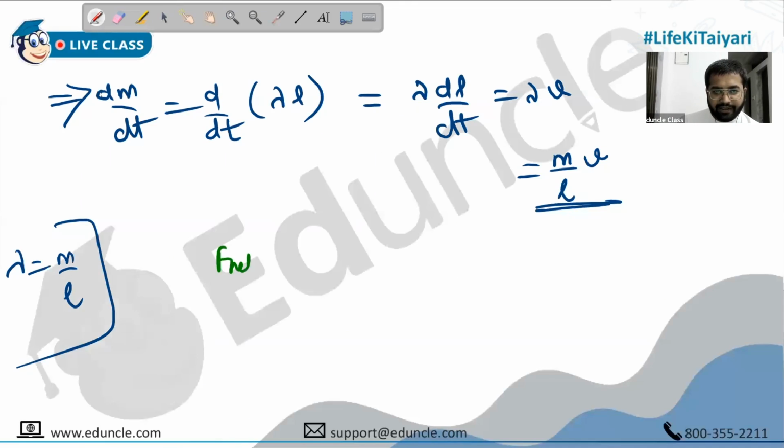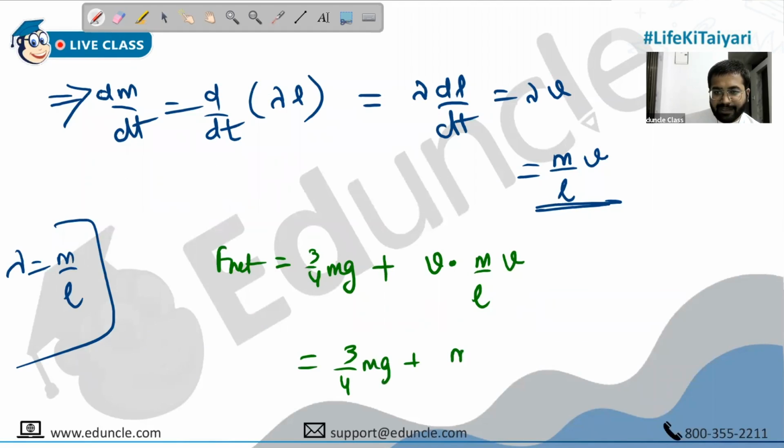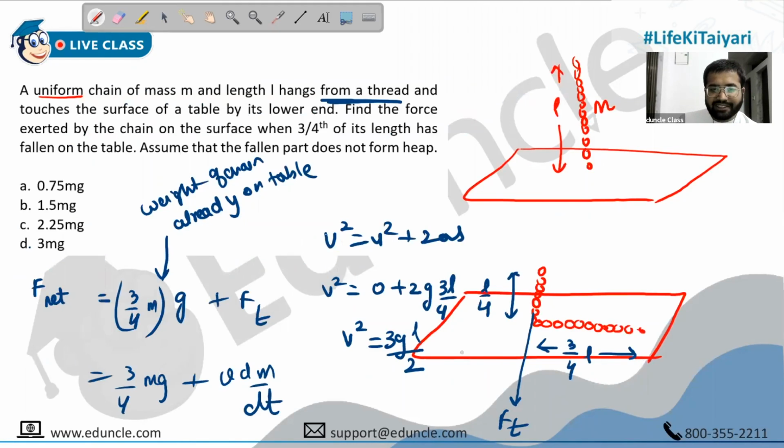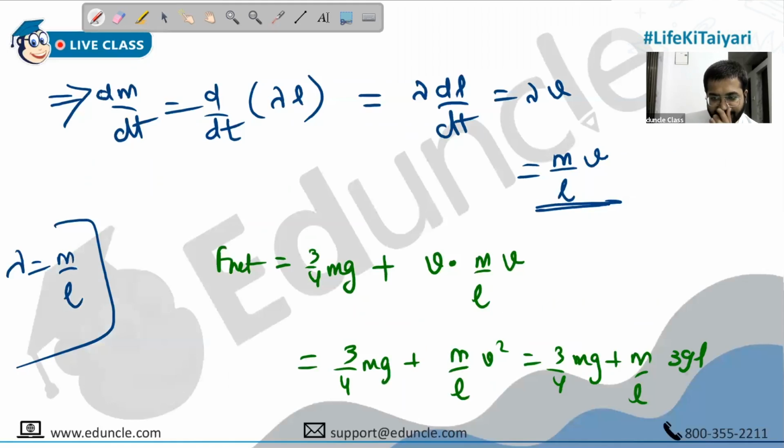F net is given by 3 by 4 mg plus v into dm by dt. So v into what is dm by dt? m by L into v. So we have got 3 by 4 mg plus m by L into v square. What is v square? We have found out v square is 3gL by 2.